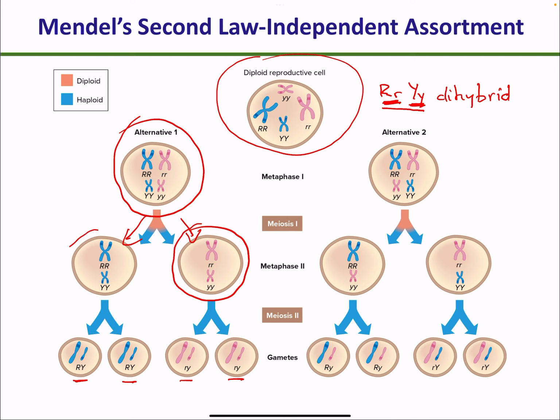And now, in alternative 2, we see that the chromosomes did not align the same way as they did in alternative 1. And as a consequence of that, we are also going to have different outcomes possible here.